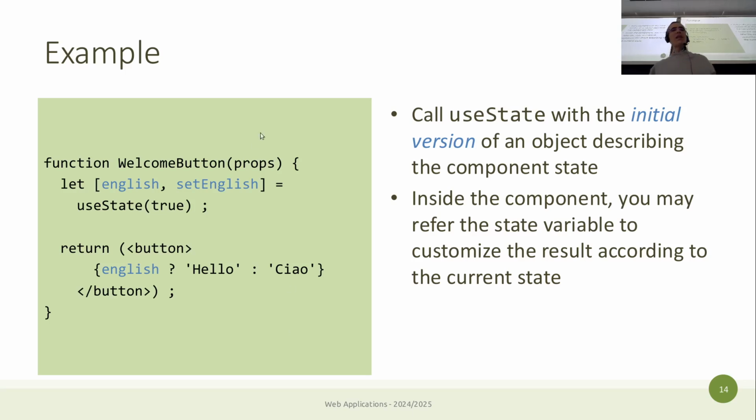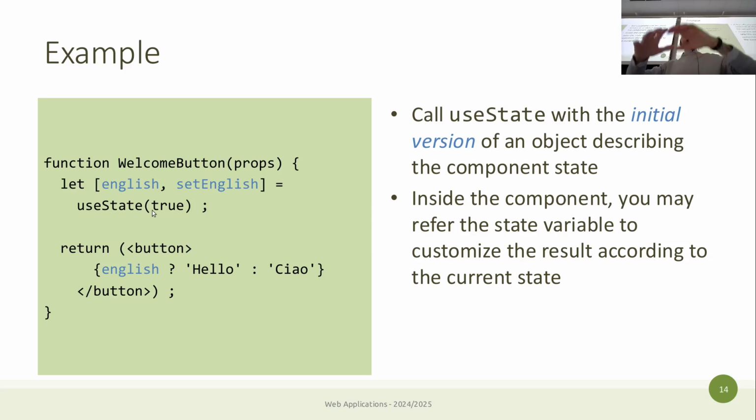I should have an on-click on the button so that I can call set English and change the state. But the point here is just to show that useState needs an initial version of the value to be used when it's first called by React.